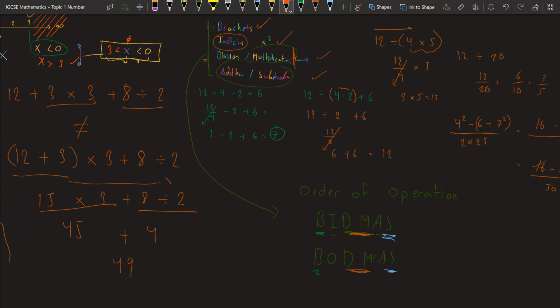The difference is here, I and O. I stands for indices, O stands for, I don't remember what it's called. I think it's operational order or something. Okay, and that would conclude everything.